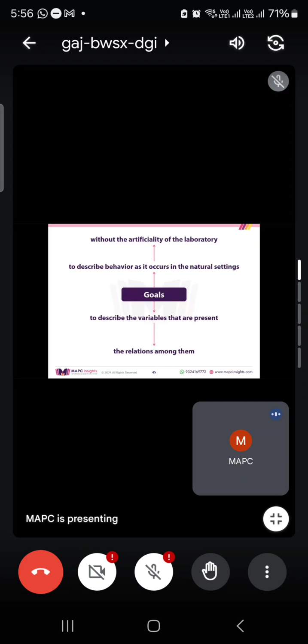The goals of this natural observation: number one, to describe the behavior as it occurs in a natural setting, without the artificiality of the lab. Number two, to describe the variables that are present and the relations amongst them.